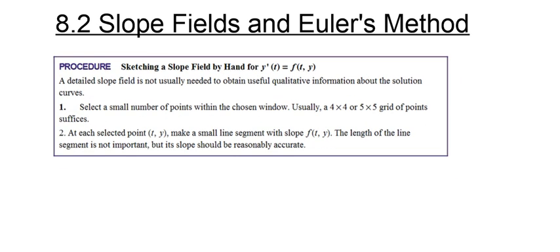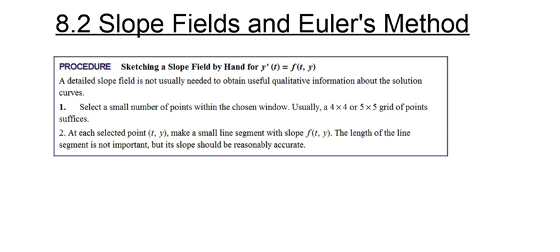So we want to try to sketch. The biggest thing about finding slope fields is we want to bring in a procedure of sketching a slope field by hand, where the differential equation, and a lot of times the book will give us y prime for the differential equation notation, but we're going to go ahead and just take a small number of points.